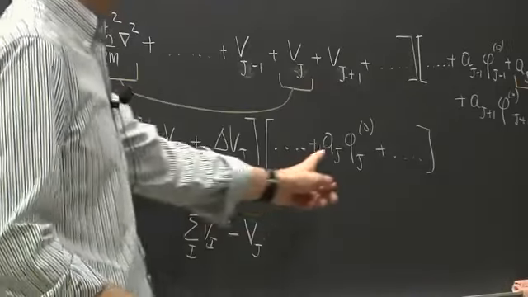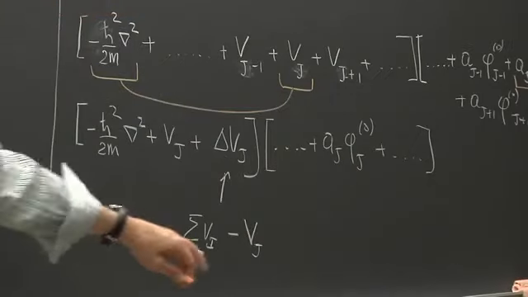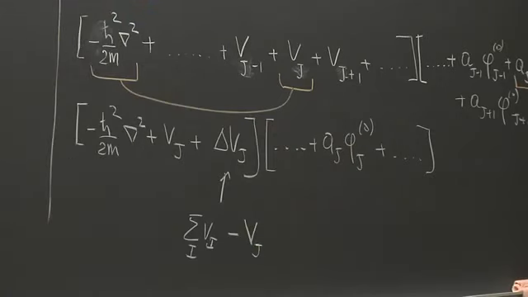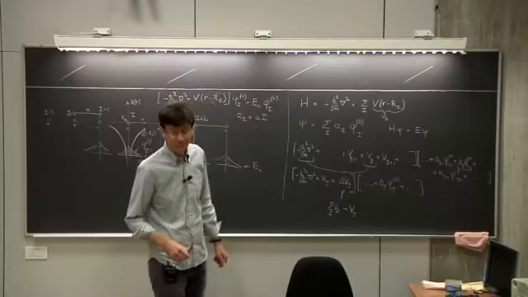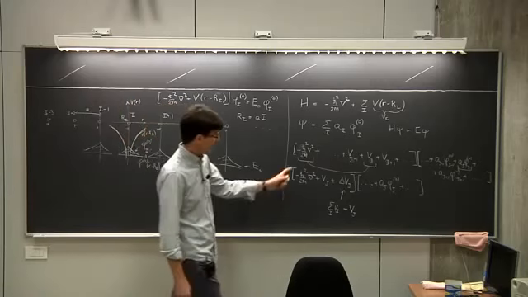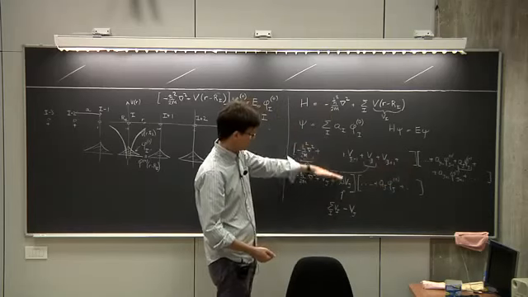Remember, I'm doing this only when I apply my wave functions to this one, right? So I just isolate this term here, because that's the one I'm interested in. Yes? Why do we have to include that delta Vj? I have to rewrite this object, right? H. This is an equality.